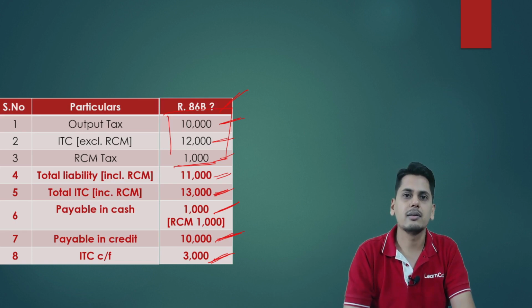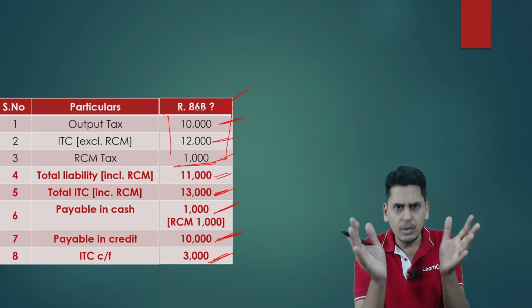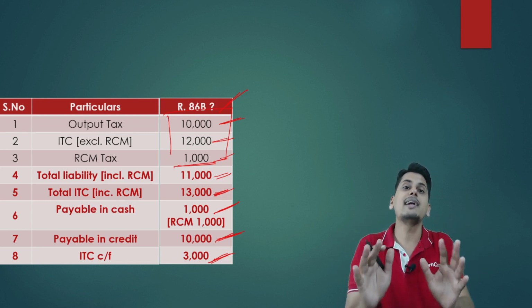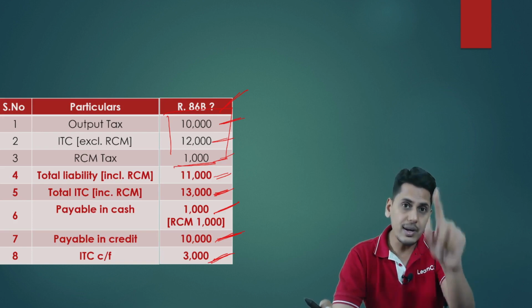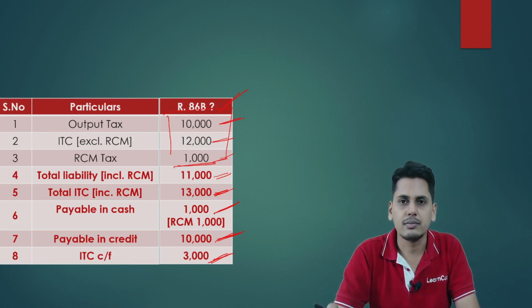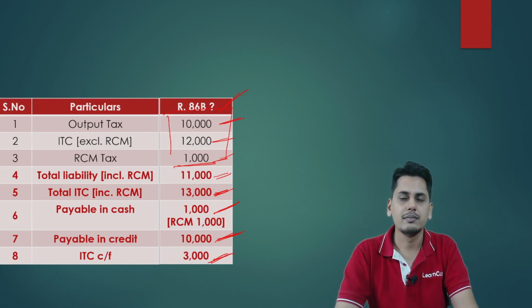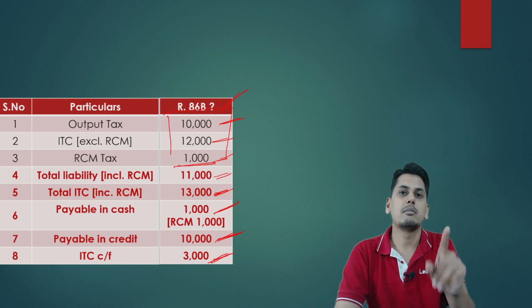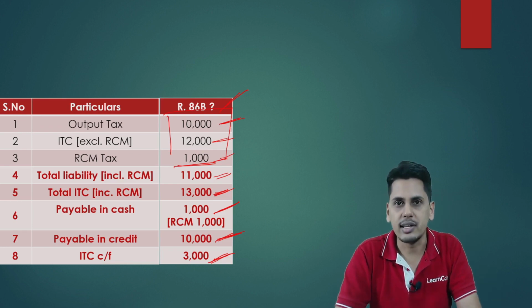simply means that the input tax credit balance which is available with me, I can utilize it only maximum to the extent of 99% of the output tax. If I put it otherwise, to discharge this output tax liability, I cannot use my input tax credit ledger exceeding 99%.